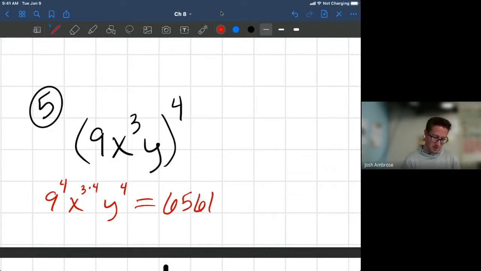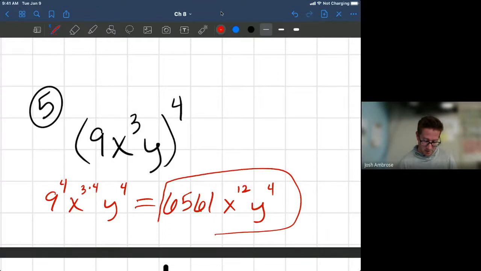Then we just need to simplify the exponents. x to the power of 12. 12 was 3 times 4. And then y to the power of 4. That's it. So this one right here, that's everything expanded out.